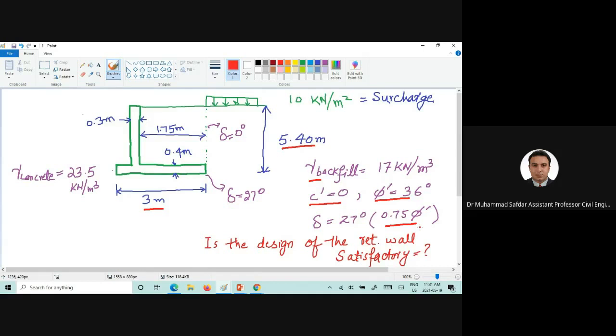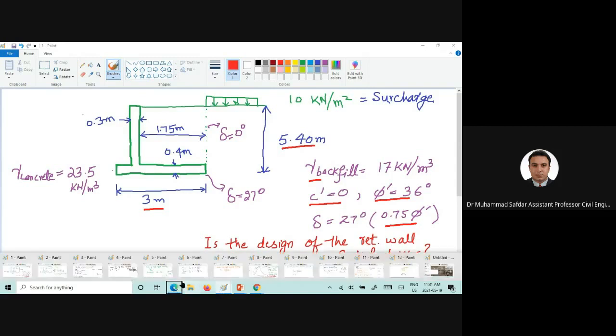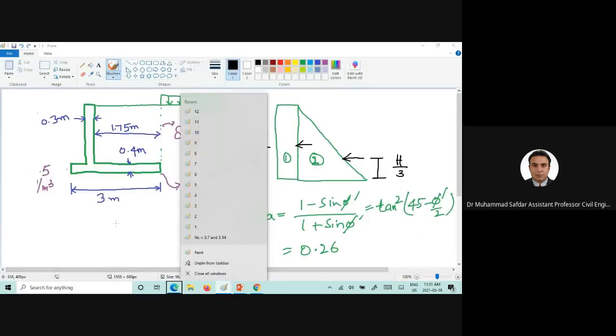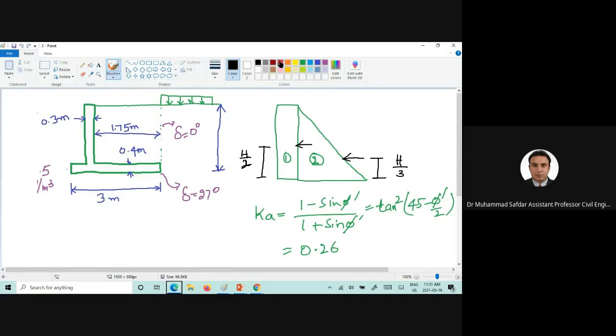Now, starting the solution, we already know from Geotech 2 that we can find out the lateral force which would be exerted onto the cantilever retaining wall, and we discussed a few minutes ago that this portion of the backfill is assumed as part of the cantilever retaining wall. Okay.